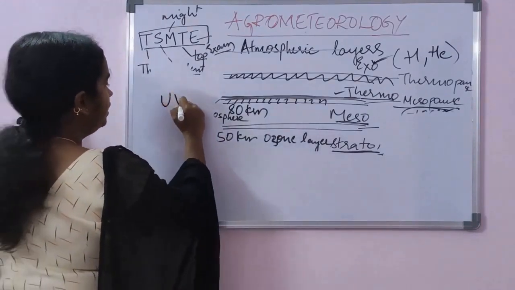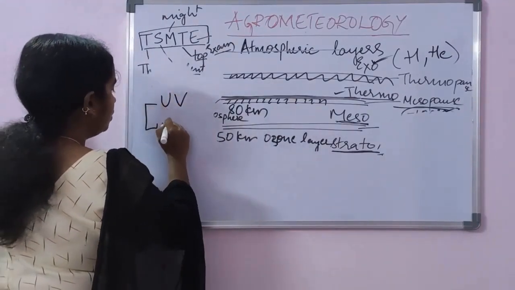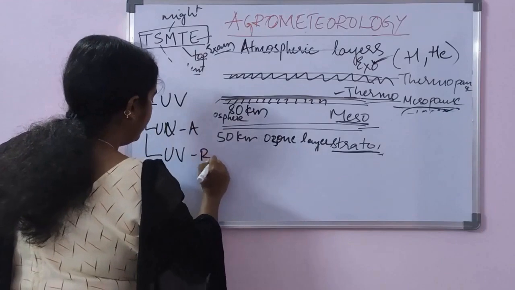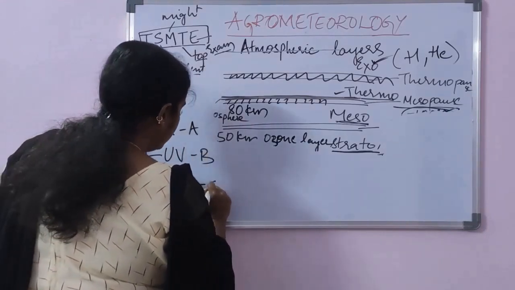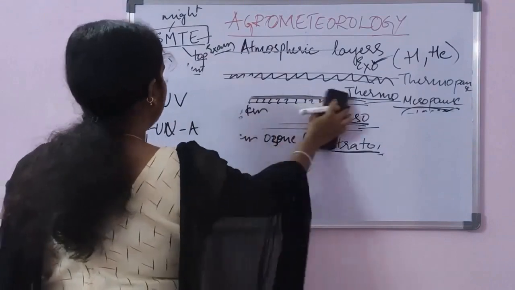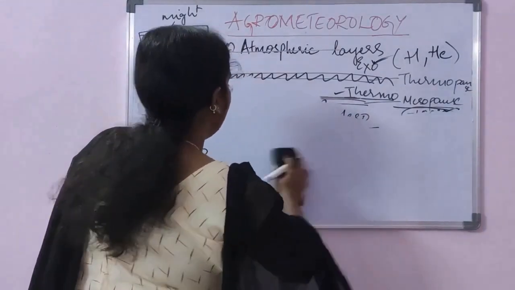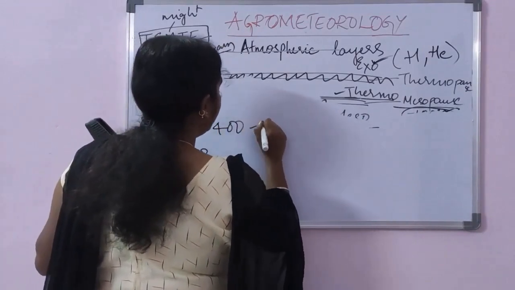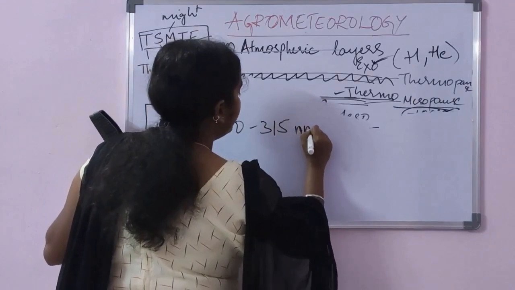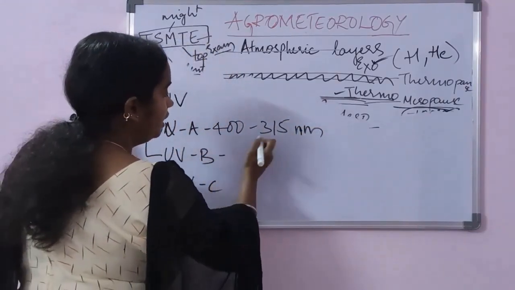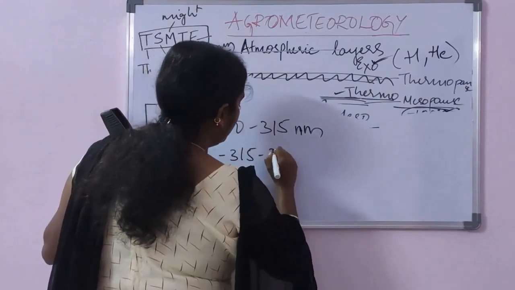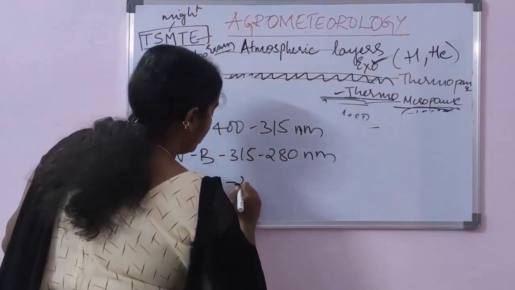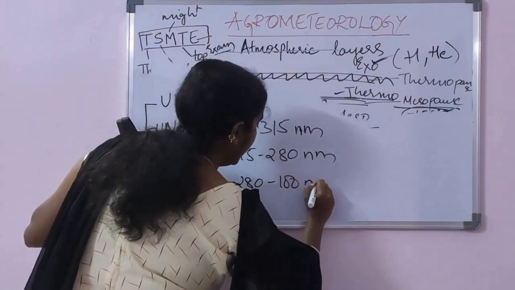So UV radiation have three types: UV radiation A type, UV radiation B type, and UV radiation C type. Here this UV radiation type A, its wavelength varies from 400 to 315 nanometers, and UVB radiation, it varies from 315 to 280 nanometer, and UVC radiation, it varies from 280 to 100 nanometer.